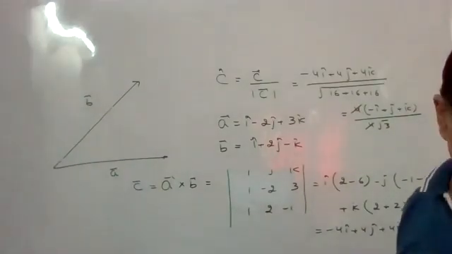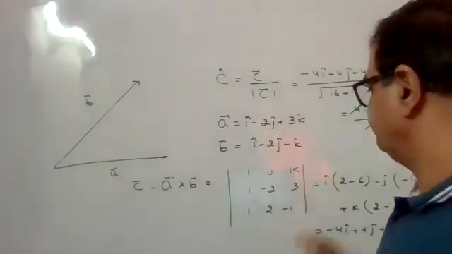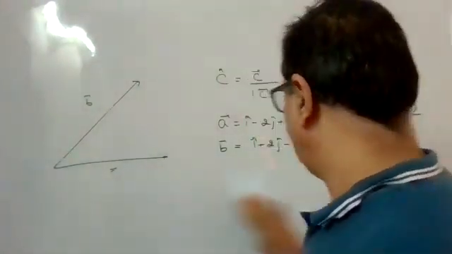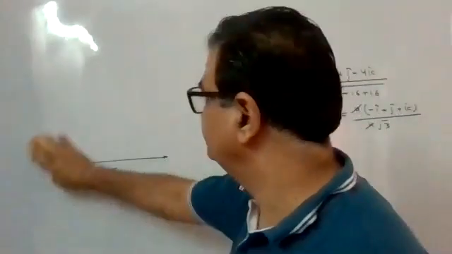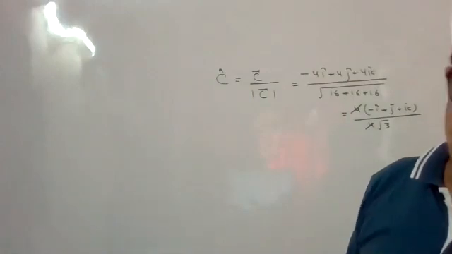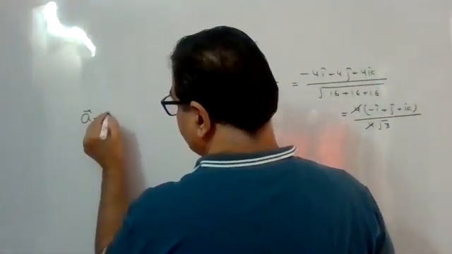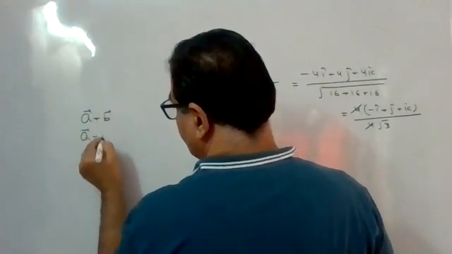Next question is, find a unit vector perpendicular to each of the vectors a plus b and a minus b.